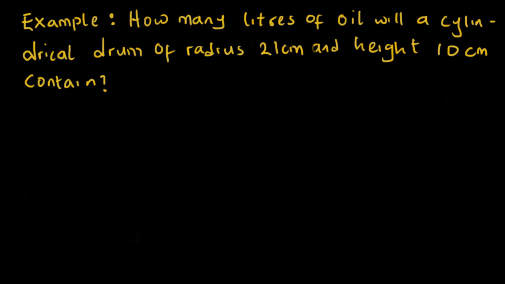Remember, I told you that volume is the amount of substance a container can contain. So basically what you are asked here is to find the volume of the cylindrical drum. What's the formula? We have volume equals pi r square h. I hope you've not forgotten: base area times height.